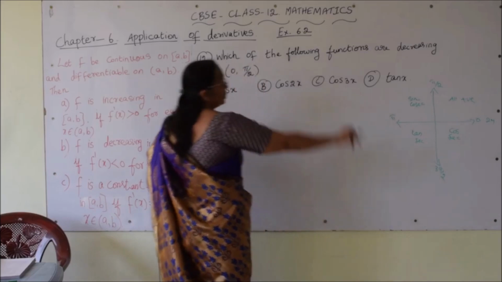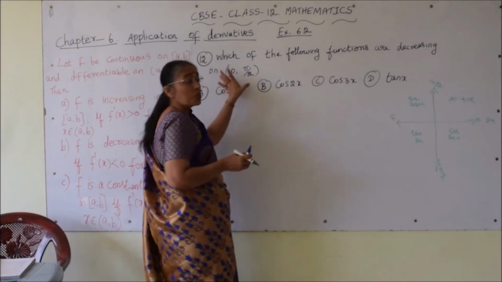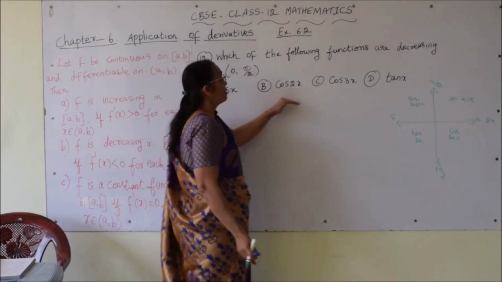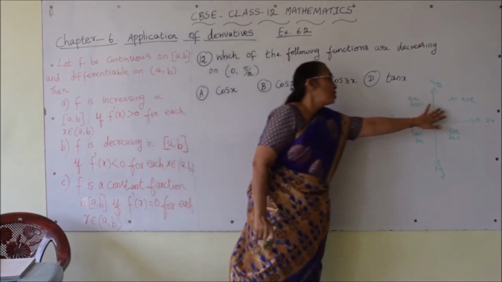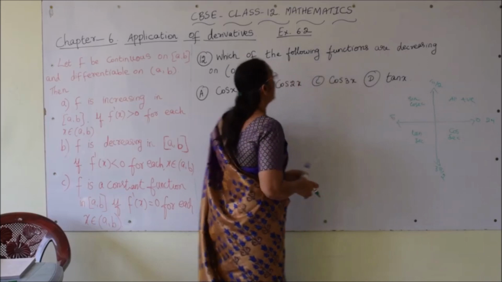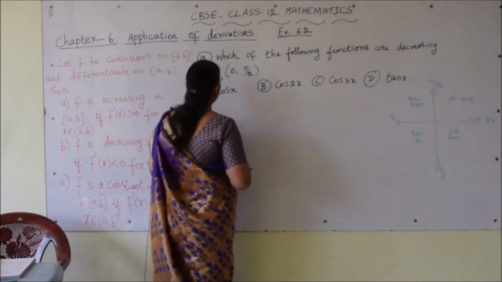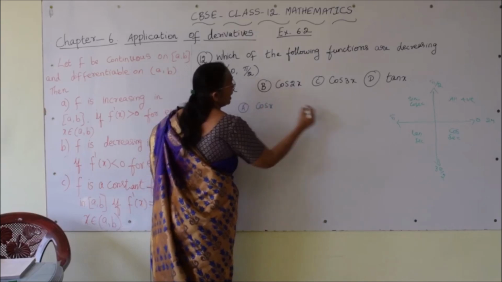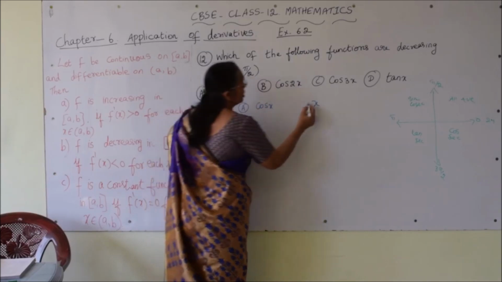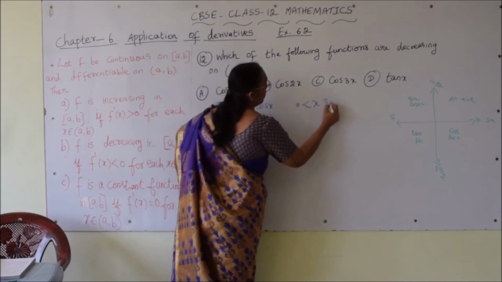So we have to check which of these functions are decreasing in this first quadrant 0 to pi by 2. Now coming to the first one, A is cos x. So here x is in the first quadrant 0 to pi by 2.